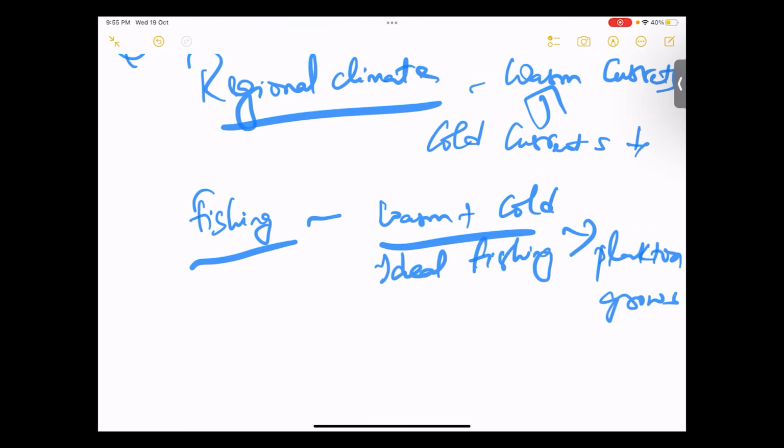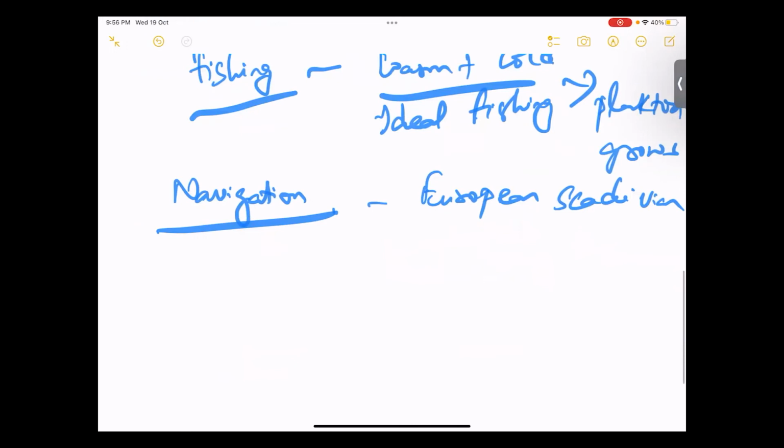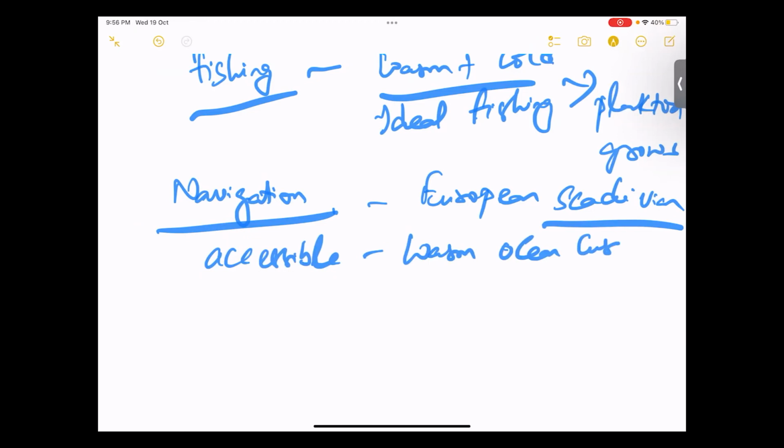And then navigation. The European ports, especially the Scandinavian ports, are generally accessible even during the deep winter, sometimes because of the warm ocean currents. And hence, these currents support navigation also.